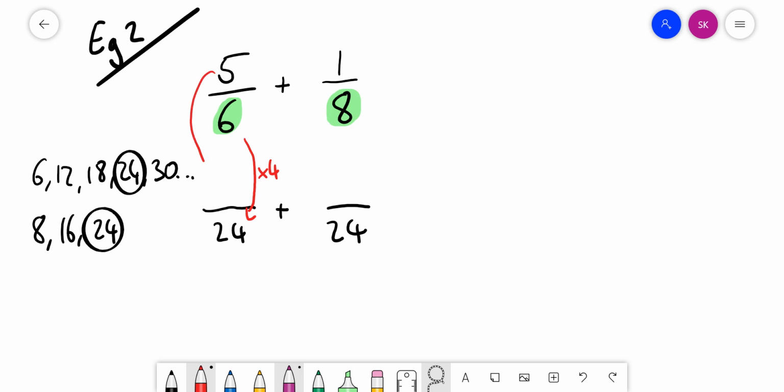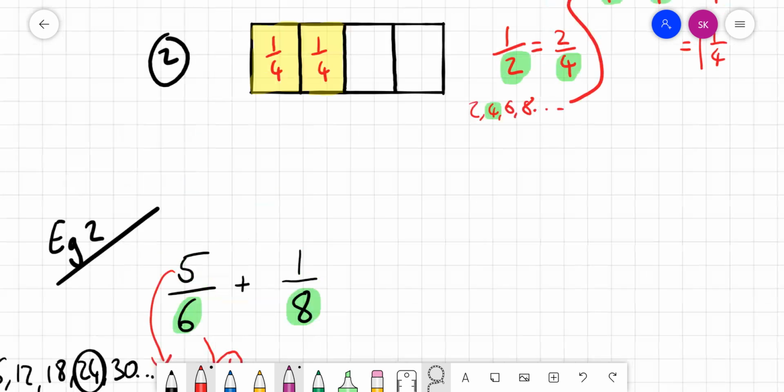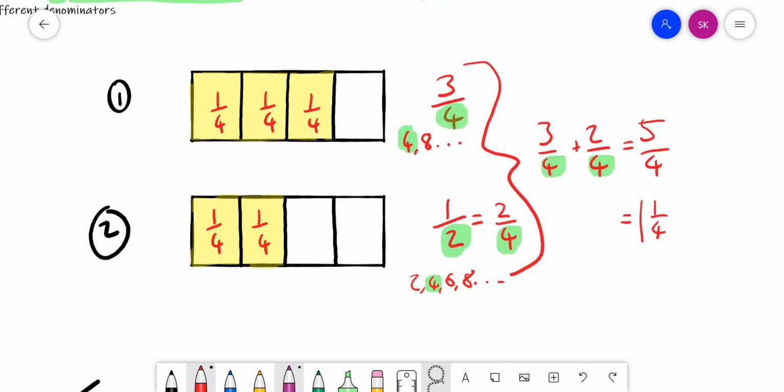Do it to the bottom, do it to the top. Because what we're trying to do here is make two equivalent fractions. The 5/6 is the same as the 20/24, just like over here, the 1/2 was the same as 2/4.